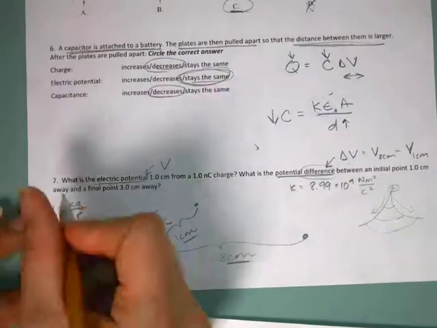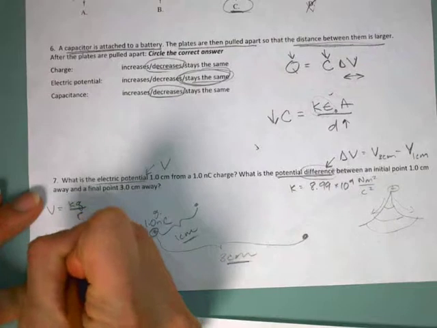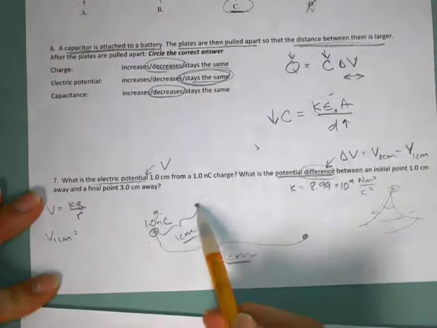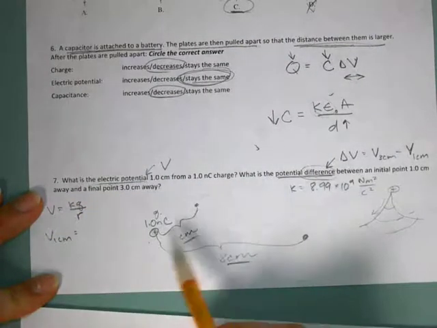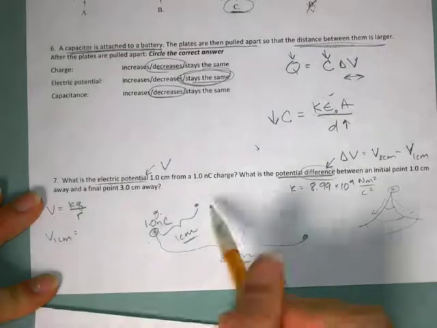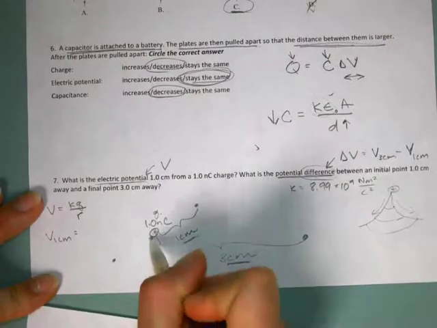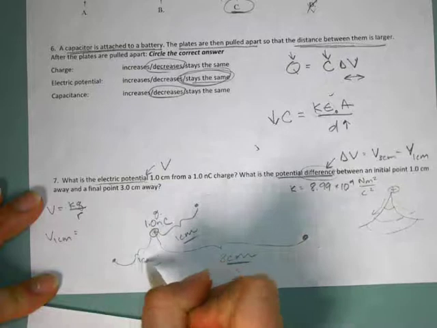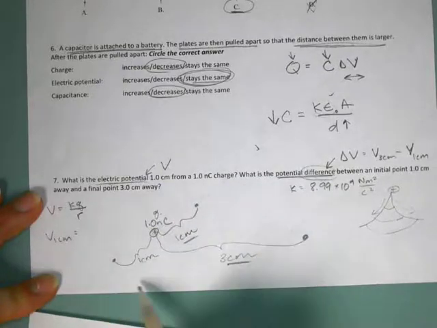All right, so our V at 1 centimeter, the potential at this location, which is 1 centimeter away from the charge. I could have just as easily drawn it here, right? That distance there is 1 centimeter too.